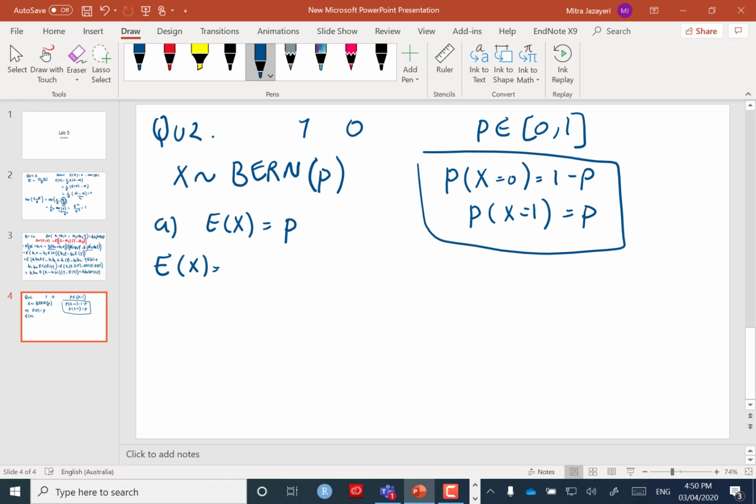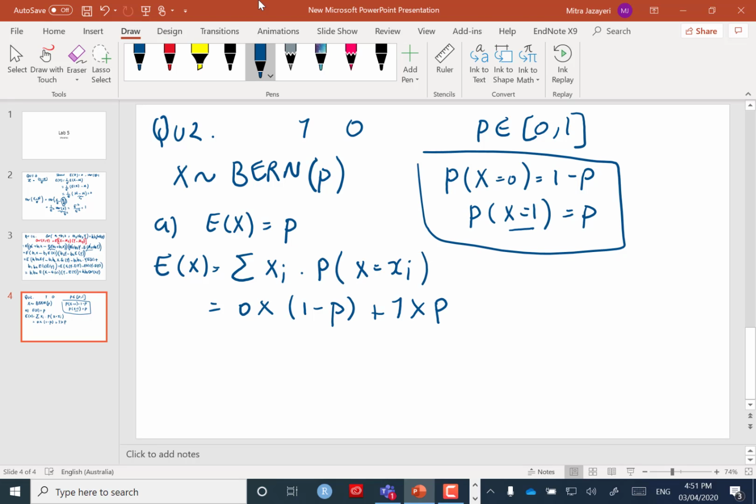All right. Now here we have got 0 times 1 minus P plus 1 times probability of X equal to 1, which is P. And that will give me P. So expectation of X is equal to P.